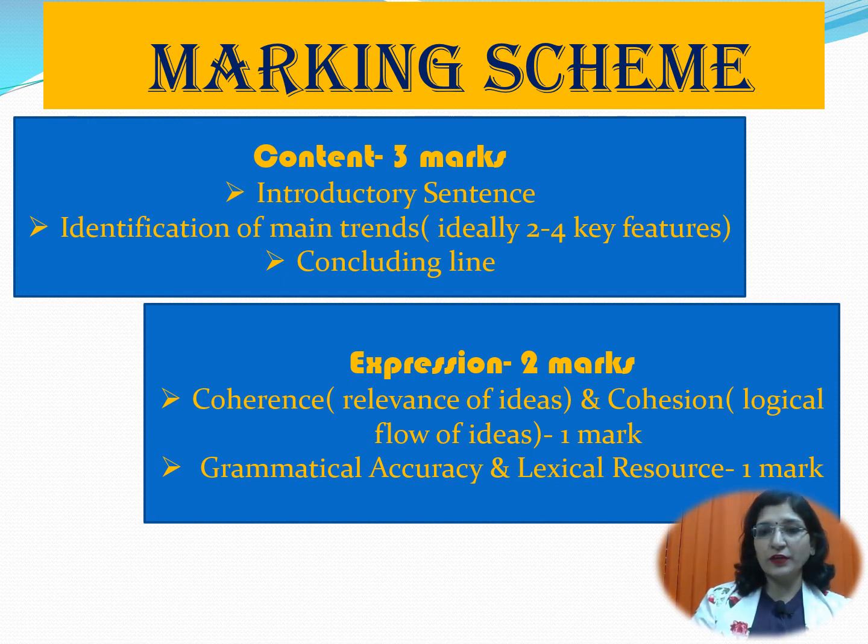This will be of 1 mark, and of course your write-up has to be error-free, both grammatical and spelling mistakes should not be there. So for grammatical accuracy and correct vocabulary, you will be getting 1 mark. So if you stick to the criteria, chances are maximum that you can score high marks over here.